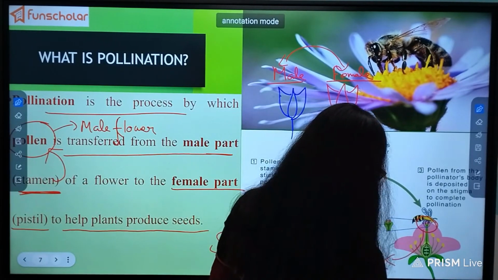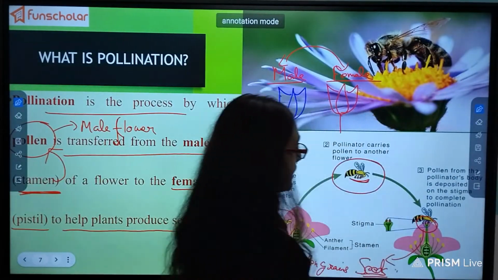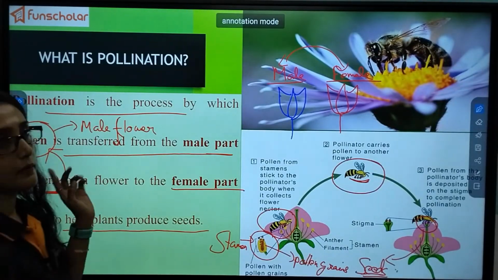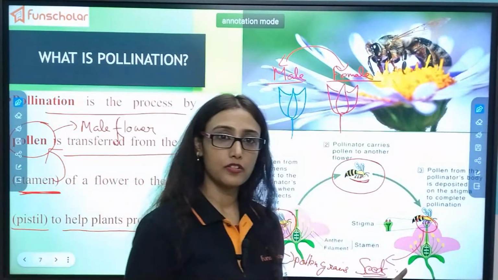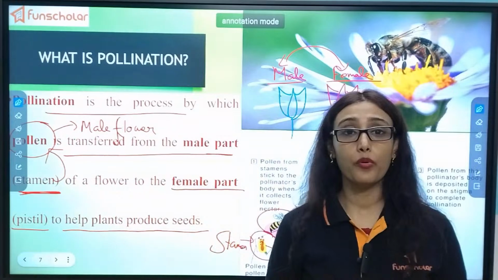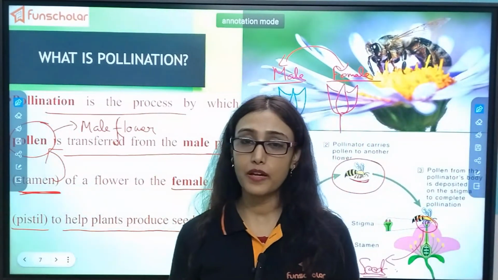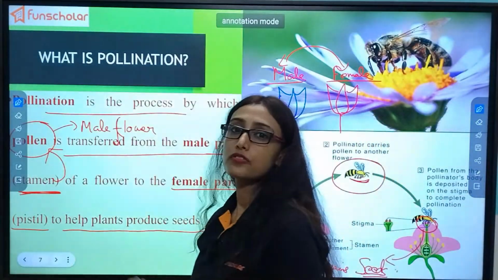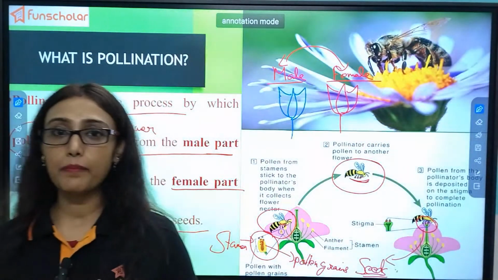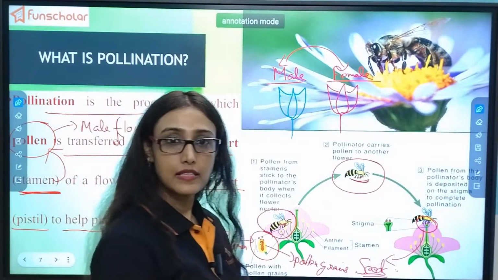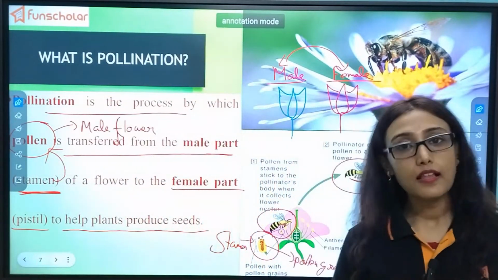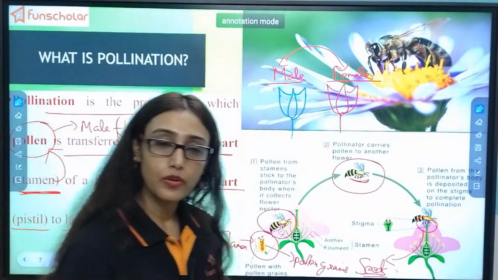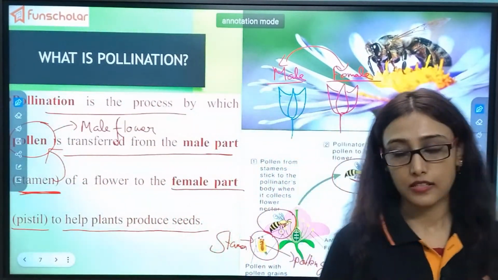We will read this in the next slide. So this is pollination, by which the male part of the flower, the pollen grains produced by the stamen, are transferred to the female part of the plant, that is the carpel or pistil.